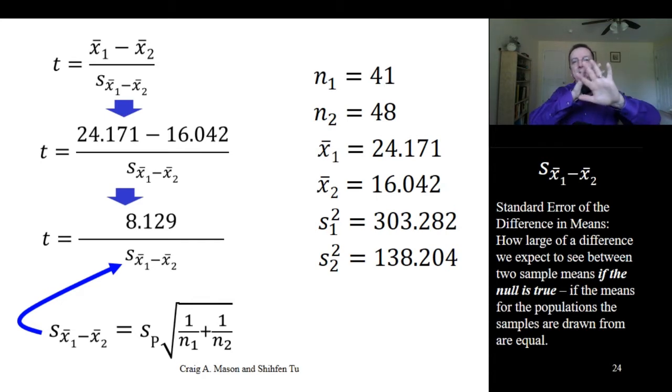So if two populations have the same mean, and we take a sample from each population, the standard error of the difference in means tells us how big of a difference we randomly expect to see between our sample averages. It's our yardstick for measuring how large our observed difference in the means really is.